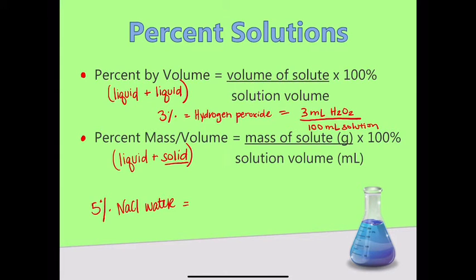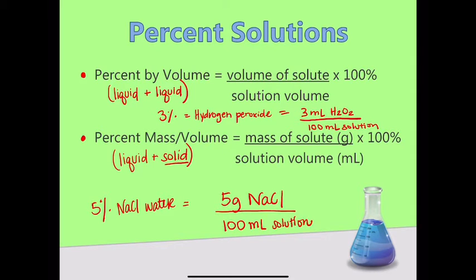I never had braces. But sometimes you will have to make solutions like that, to sterilize things and to clean things. So that would mean that we need 5 grams of salt, our solute, per every 100 milliliters of solution.